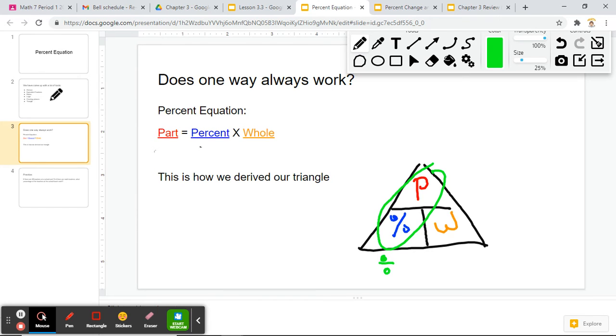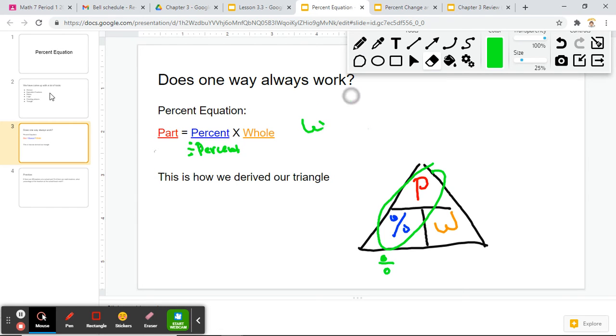Now look at, if we want to solve for the whole, which is what we don't have circled here, then in this formula, we would need to divide both sides of the equation by percent, and you would get whole is equal to part over the percent. So you see, that's how we got this from this triangle here.